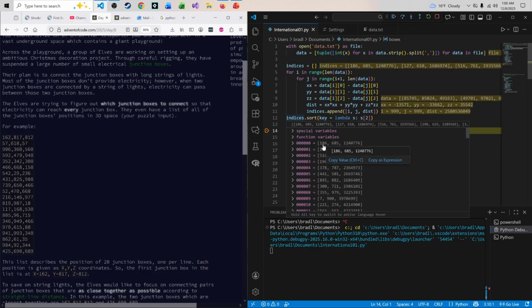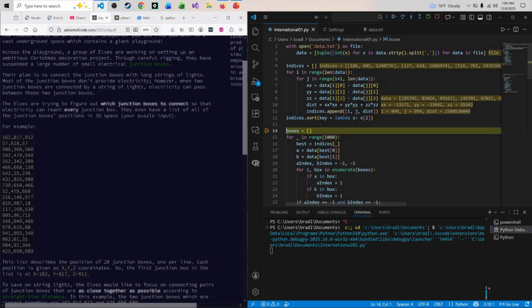This is index value 186 to index value 685, and the squared distance is 1,240,776. But that's the best of all of them, right? And again, I'm using my real data, and I'm just talking about this in terms of the sample set they give us. But it's all set up for us in terms of the distances.